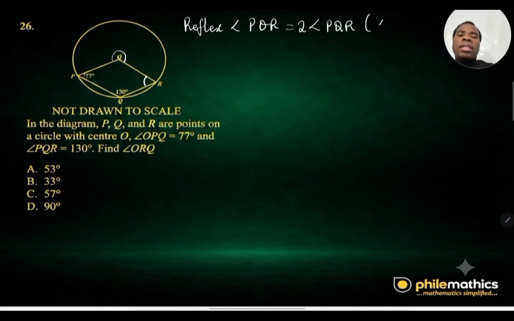How do I know that? Angle at center is twice angle at circumference.